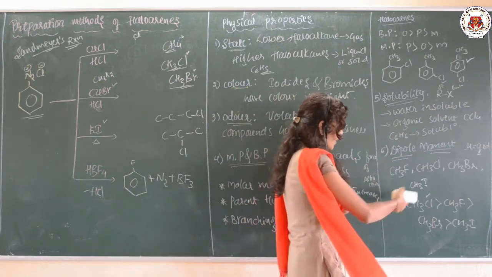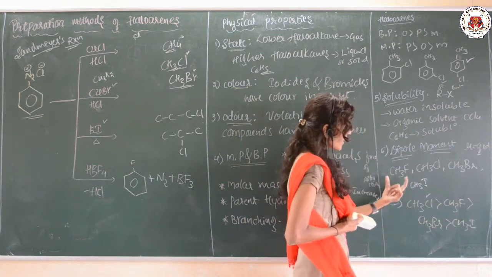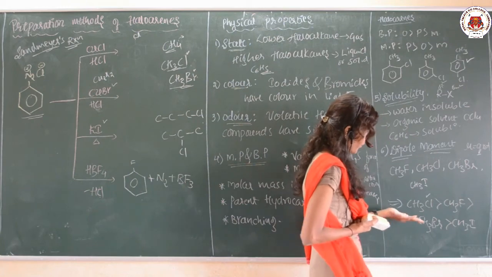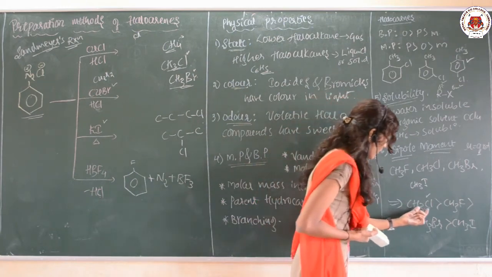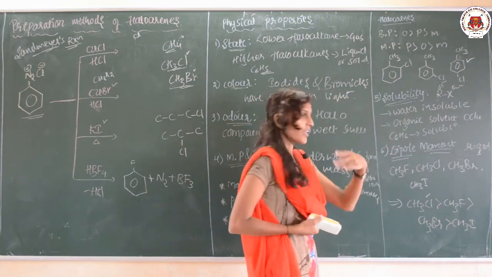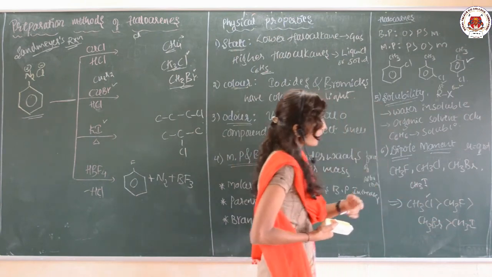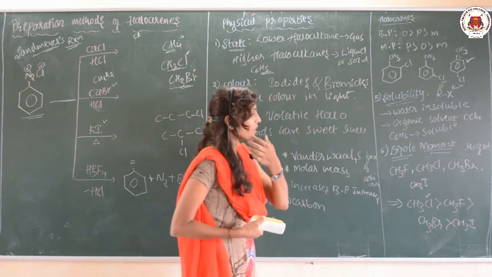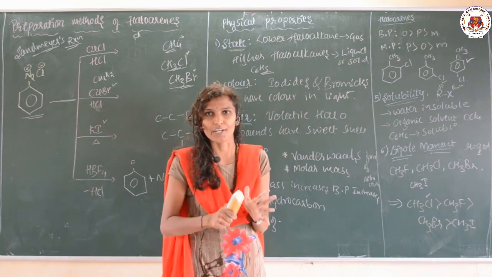So if I am arranging in the increasing order of the dipole moment, we are going to get CH3Cl as the first compound, next CH3F, next CH3Br, and next one is CH3I in order.